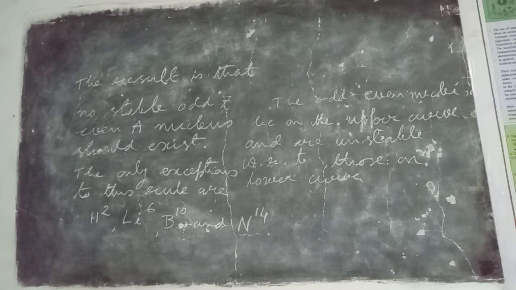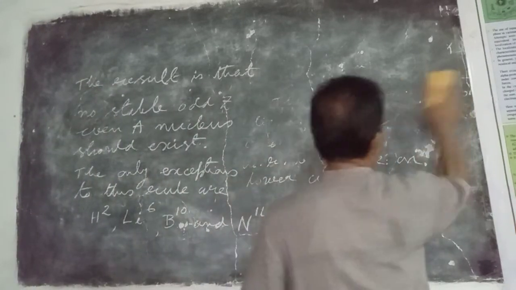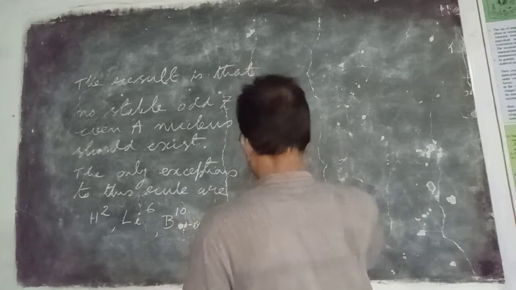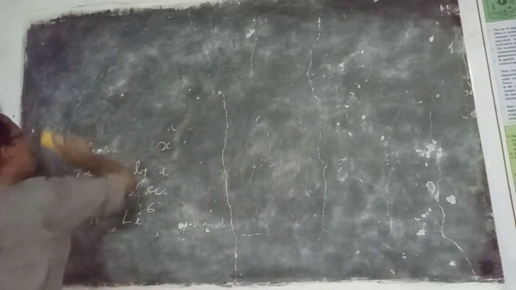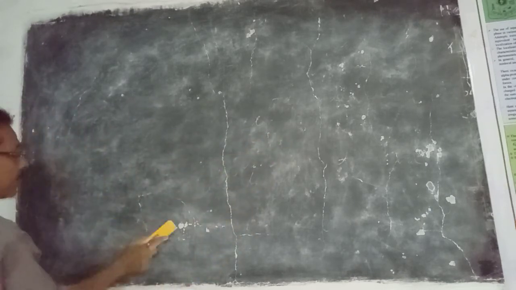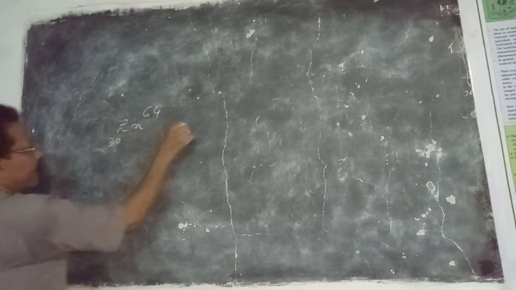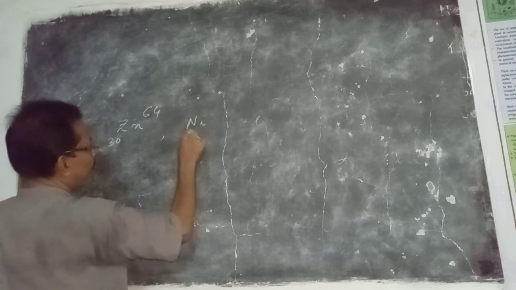Now, the nuclides with stable isomers, we have seen that zinc 64, Z 30, and nickel 28, 64, lie at the bottom, they are the most stable ones.